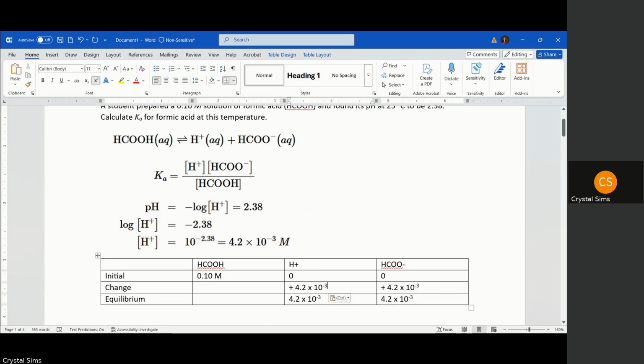All right, so if the hydrogen ion and the formate ion increase by that amount, then that means that the formic acid has to decrease by that amount, right? So our equilibrium then will be the initial minus the change. Let me just copy it. There we go.